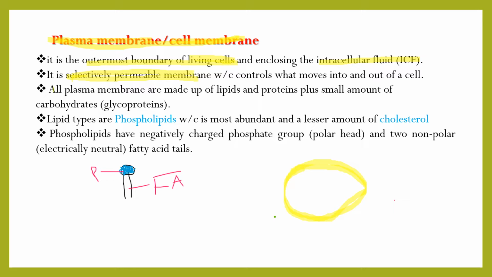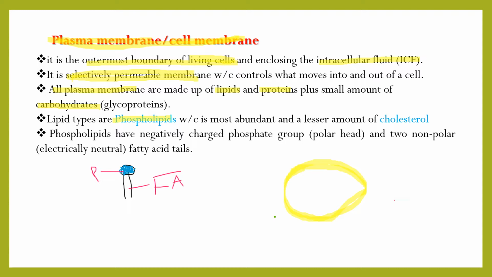All plasma membranes are made up of three types of macromolecules: lipids, proteins, and a small amount of carbohydrates. Specifically, the lipids are of the phospholipid type.